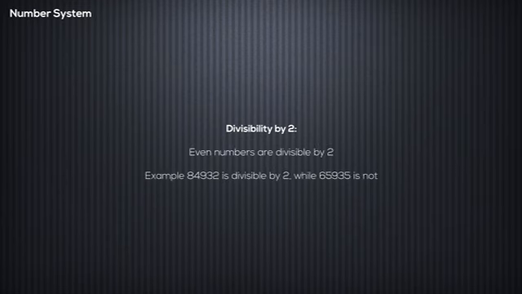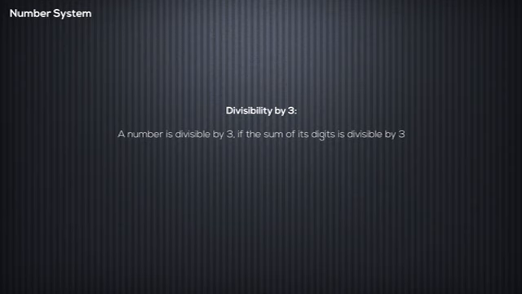There are some rules to find out the divisibility of a number by certain numbers. Divisibility by 2. A number is divisible by 2 if it is an even number. Divisibility by 3. A number is divisible by 3 if the sum of its digits is divisible by 3.